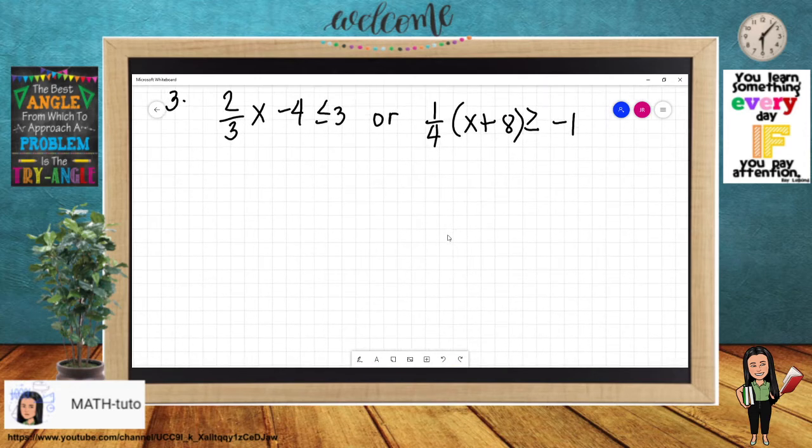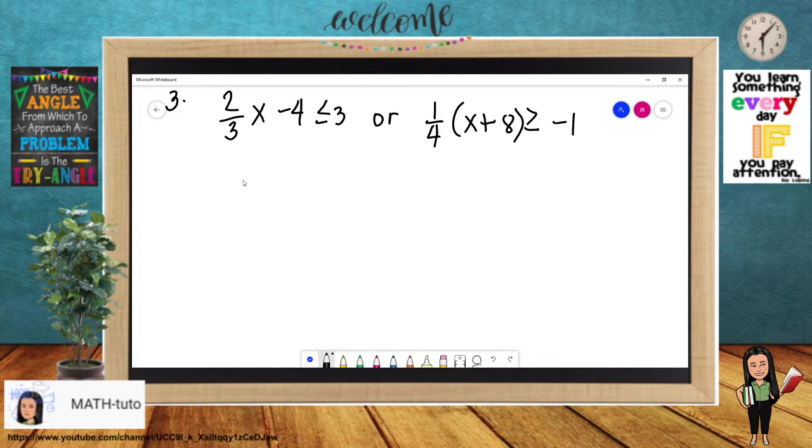So, let us solve each of the given inequalities in our compound inequality. So, this side, rewrite ko na lang, 2/3 x minus 4 less than or equal to 3. We can multiply all of the terms by 3 para wala na lang fraction, no? So, we have 2x minus 12 less than or equal to 9.